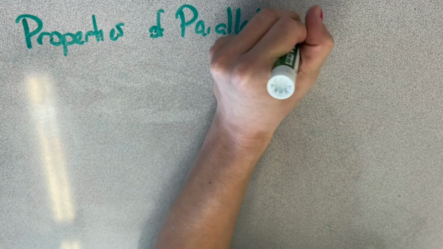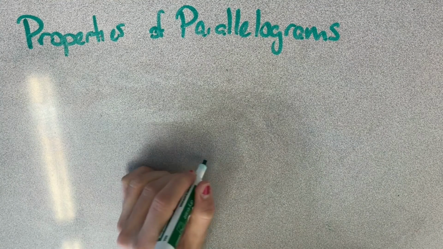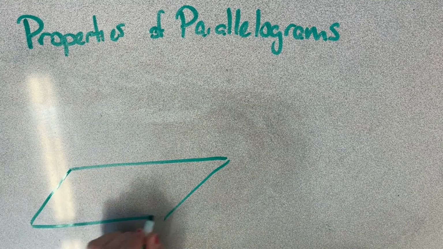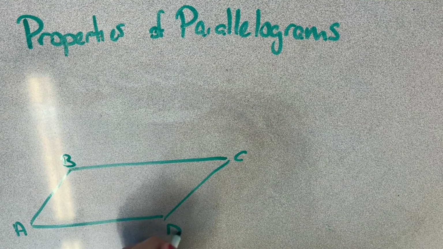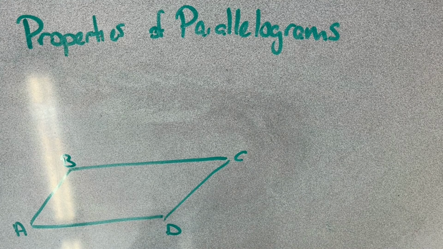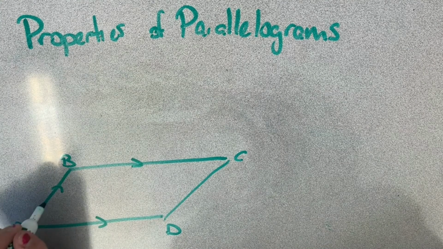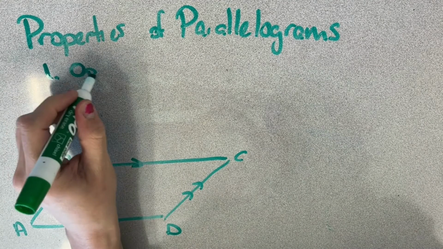There are four specific properties of parallelograms that we want to explore today, and we'll demonstrate each with this parallelogram for reference. So, property the first. Opposite sides, again, have to be parallel for any of these to be true.